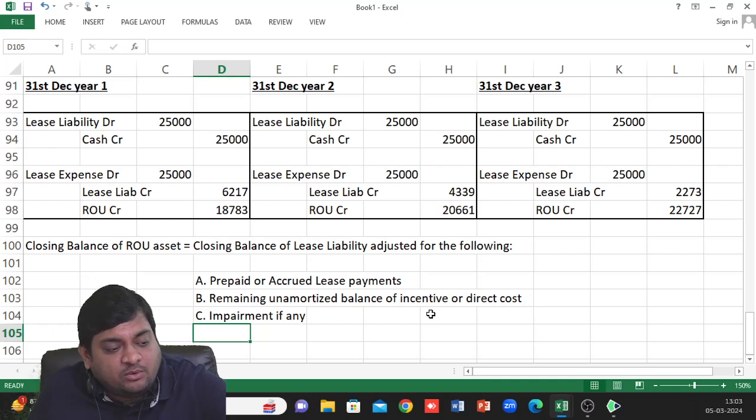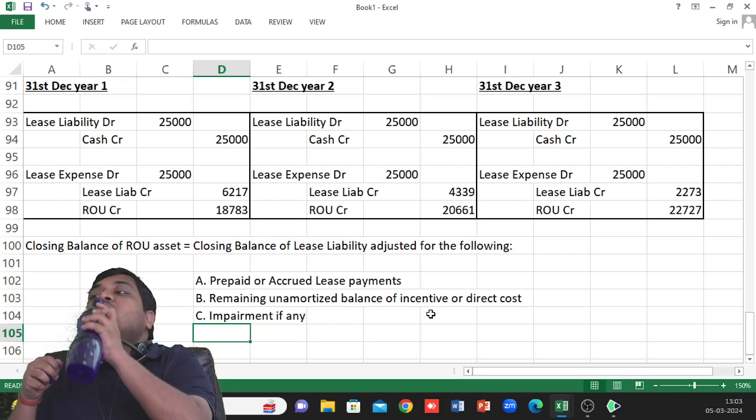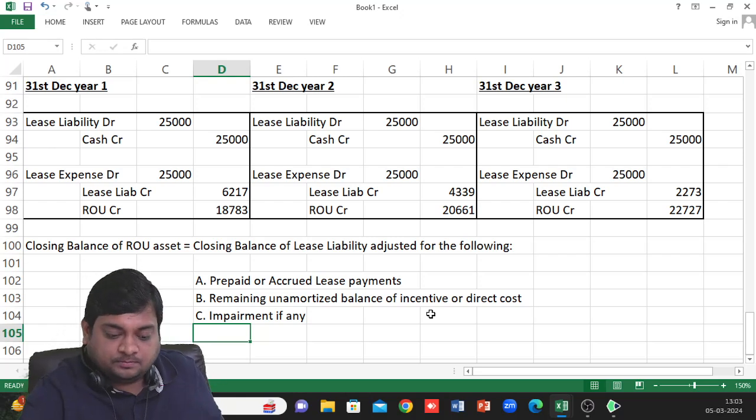Wherever you find any asset, you will need to test it for impairment, right?